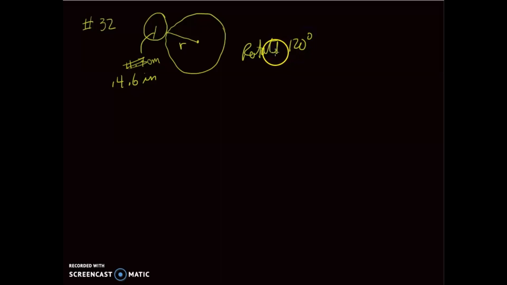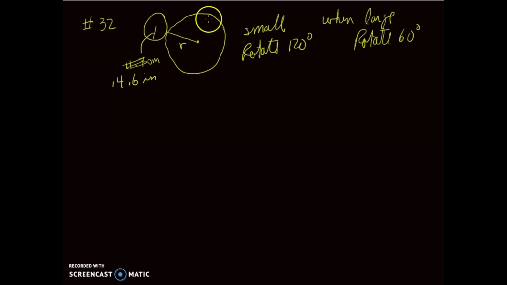The larger wheel rotates 60 degrees. Okay. So we're supposed to find the radius of the larger wheel. We're still supposed to find R. That's from 31. But now we've got this new radius for the smaller one.